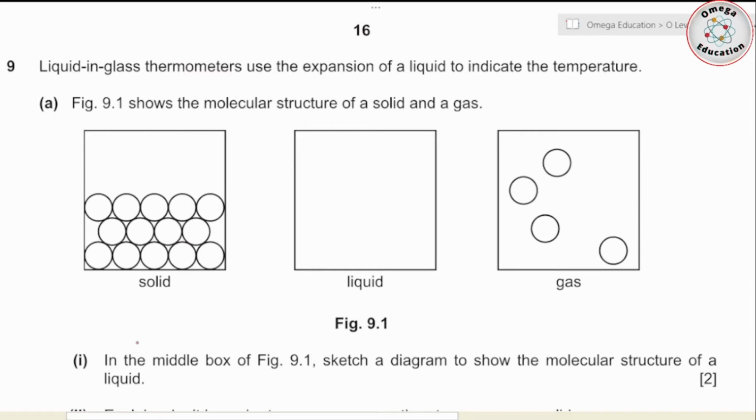In the middle box, part A says, in the middle box of figure 9.1, sketch a diagram to show the molecular structure of a liquid. So the structure of a liquid would be in such a way that the molecules are not too close as they are in solid, and they're not too far as they are in the gas. So it should be something in between.